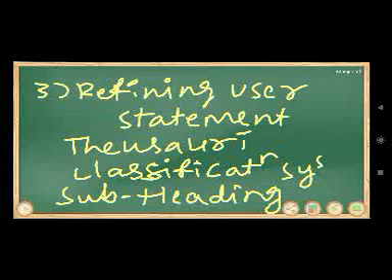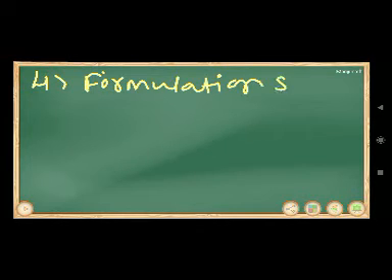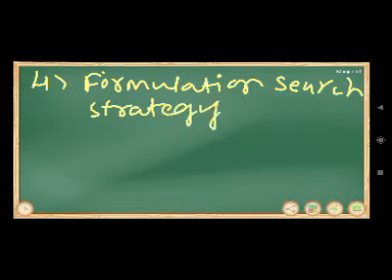The next step, the fourth step, is formulation of search strategy. You are going to make your own strategy here. That involves what type of search strategy you are going to use, whether you are going to use Boolean operation or some other method for searching.